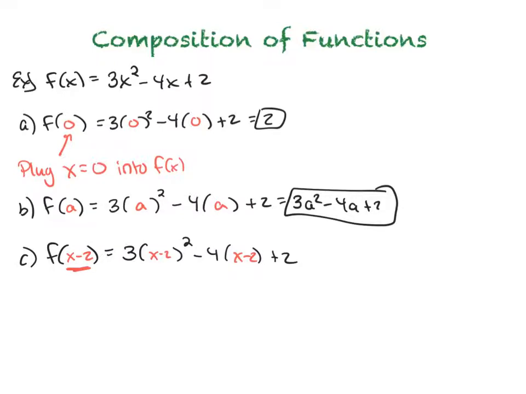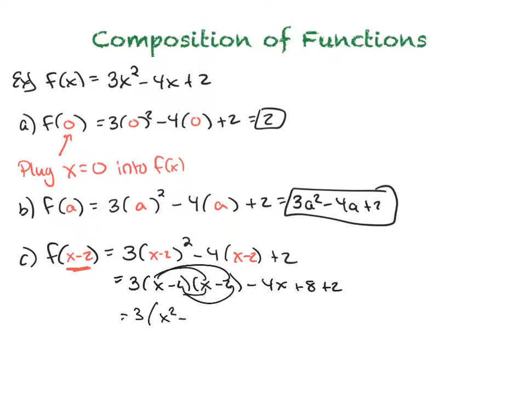So let me FOIL this out, because this is a little bit more algebra to simplify. This would be x minus 2 times x minus 2. I can distribute that 4 pretty quickly. Make negative 4x plus 8 plus 2. And I know you probably know how to FOIL and multiply. So this would be 3x squared minus 2x minus another 2x plus 4.